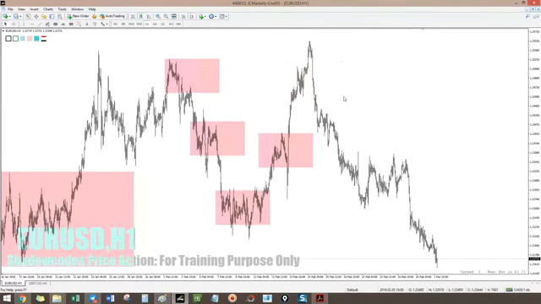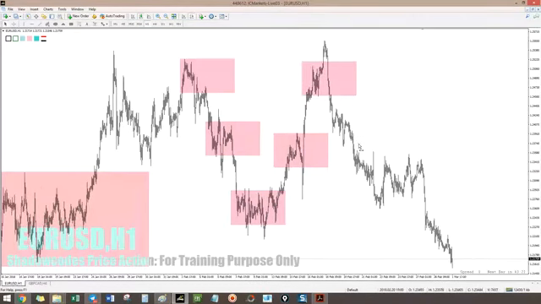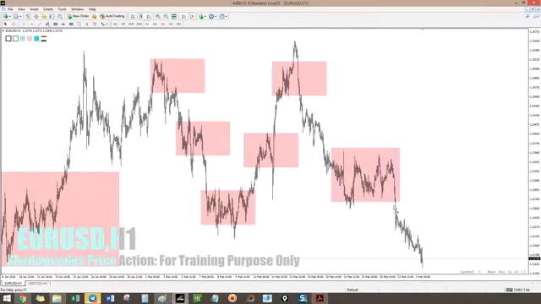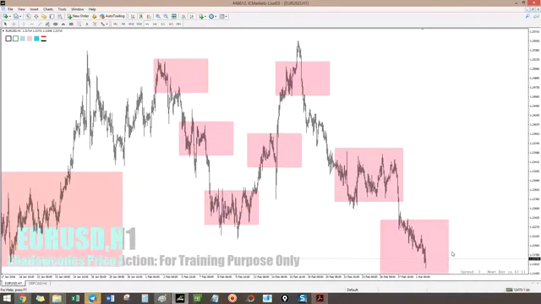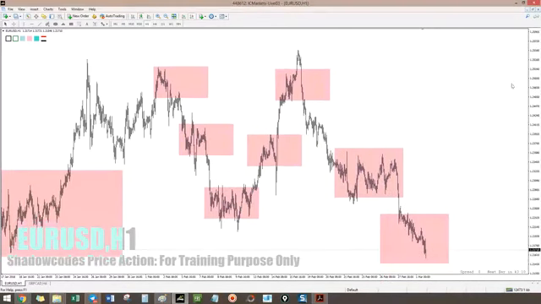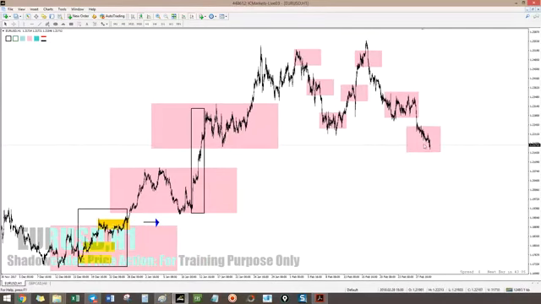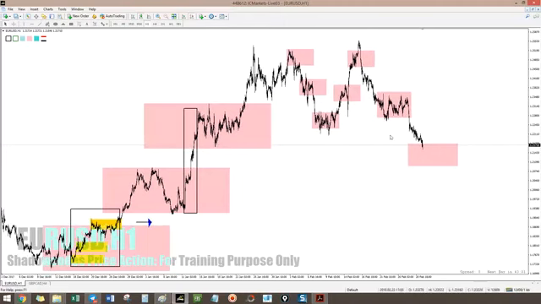And where does it go next? Maybe here. So you just need to wait in this area.